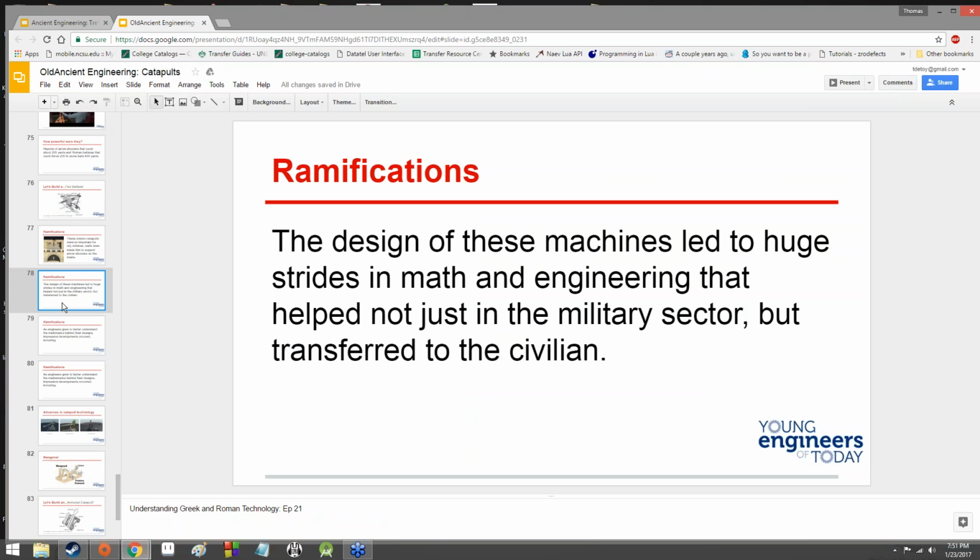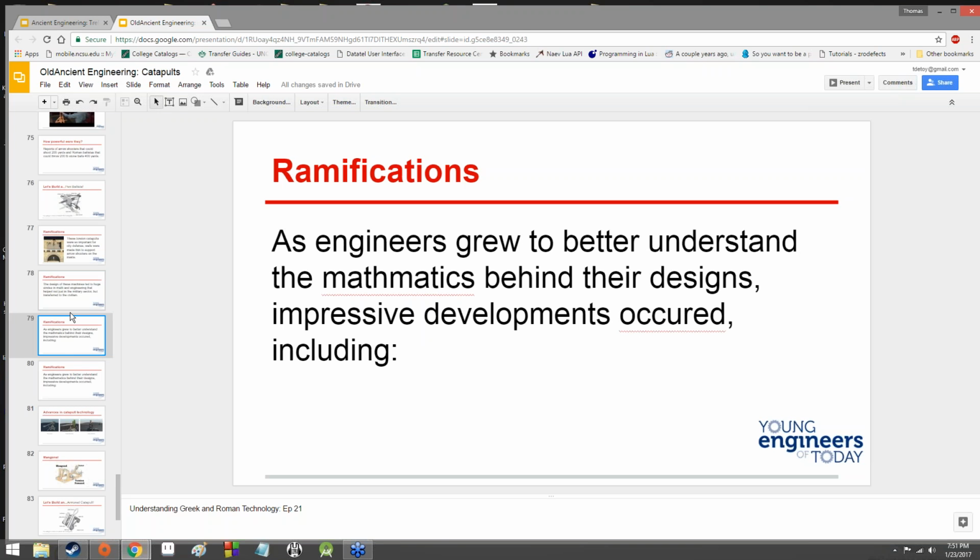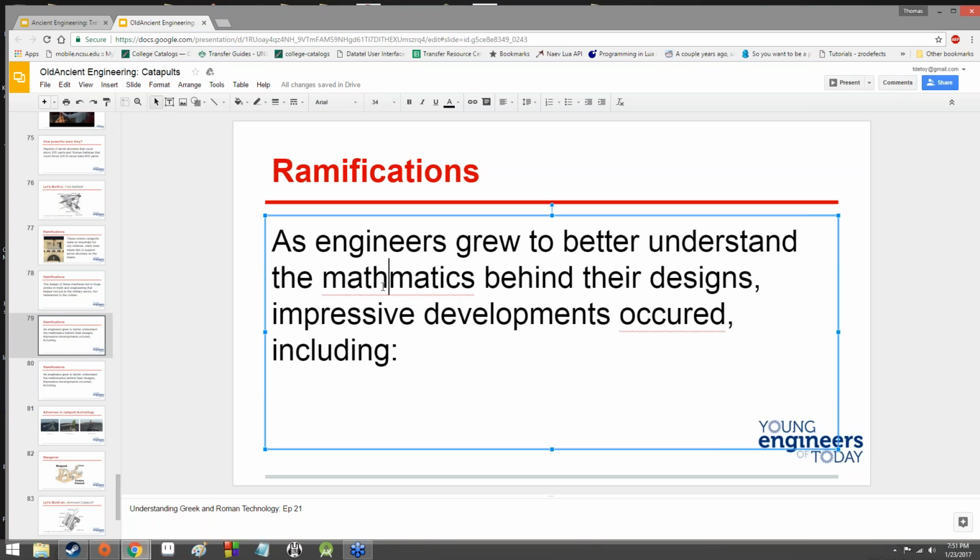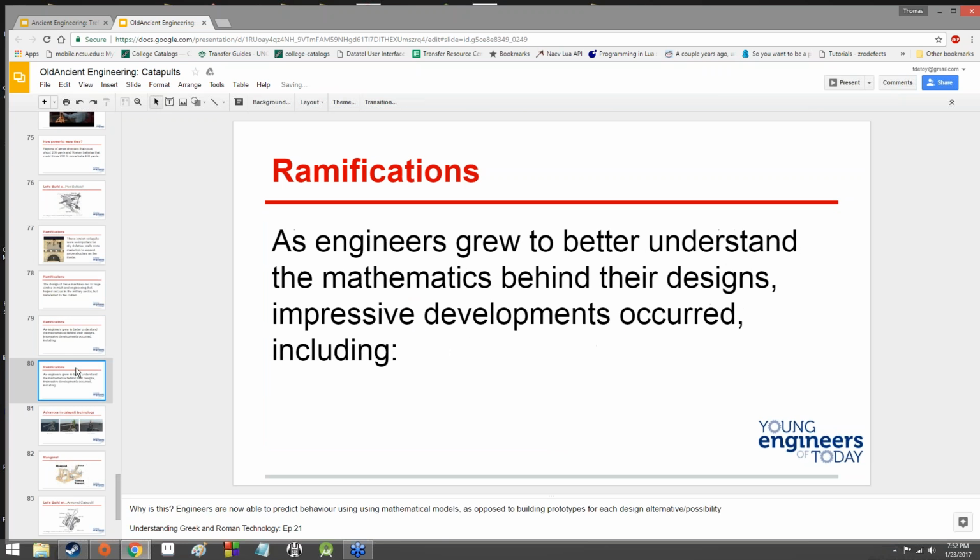The design of these machines also led to huge strides in math and engineering that helped not just the military sector, but transferred to the civilian, as engineers grew to better understand the mathematics behind their designs. Impressive developments occurred, including what? Okay, it's the same slide twice, and one of them is misspelled, and one of them was not.